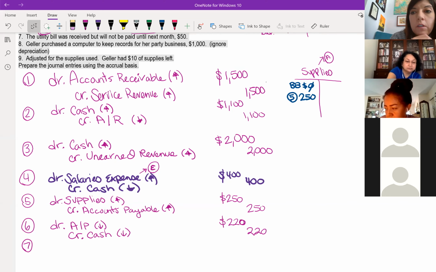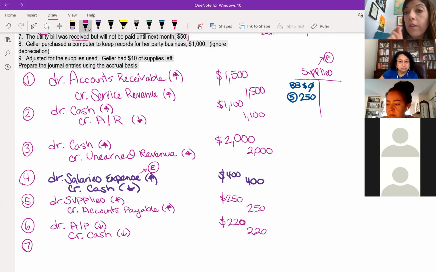For number 7, the utility bill was received, but will not be paid until next month, $50. So we've incurred the expense, but we're not going to pay it until next month. So it's not a deferred expense.